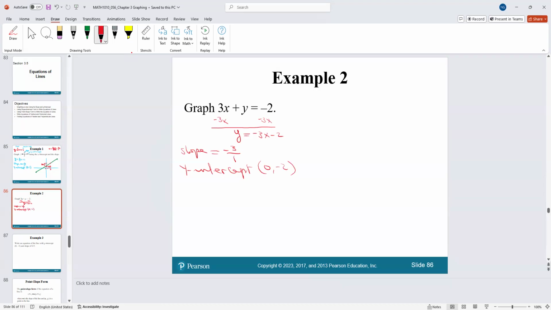Remember, slope-intercept form must have y alone, not 2y, not 3y, not negative y. We have y equals mx plus b, where m is the slope and b is the y-intercept. Now, after I have that, we need to plot the y-intercept on the xy plane. So, okay, we need a very straight line.